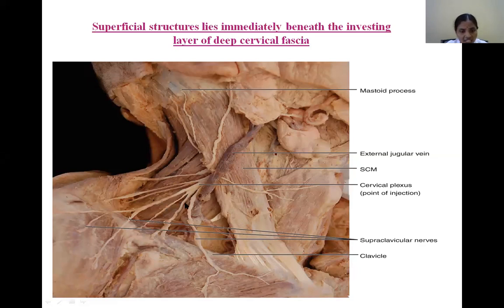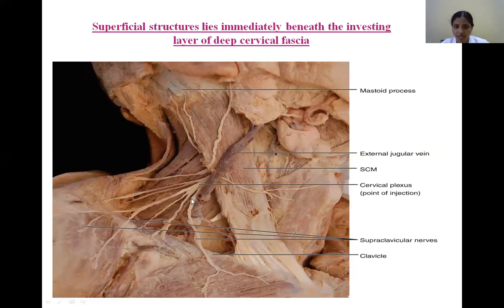See, this is the intermediate branch of the supraclavicular nerve. It is piercing the clavicle. After that, it supplies the skin over this area. And you see, it is piercing this clavicle bone. So that's why the clavicle is otherwise called a dermal bone, because it is pierced by a cutaneous nerve.